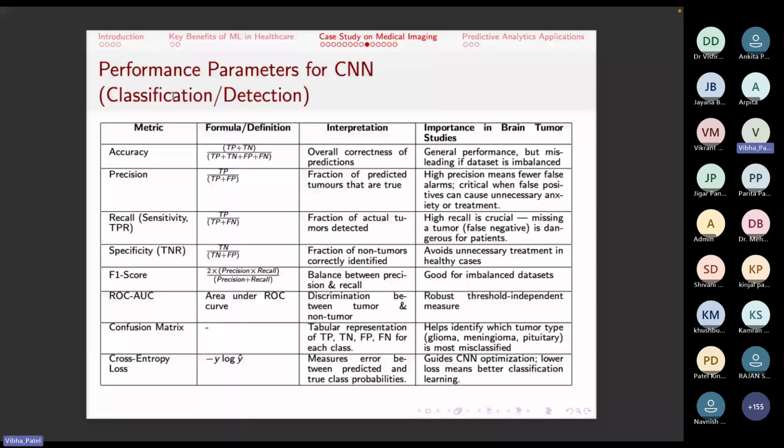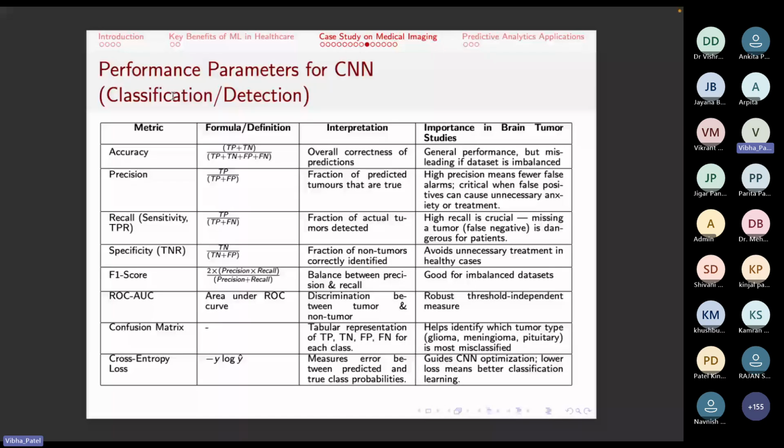And whatever true positive and true negative values I have received will be in my numerator. Okay. So this metric basically gives us the overall correctness of the predictions.